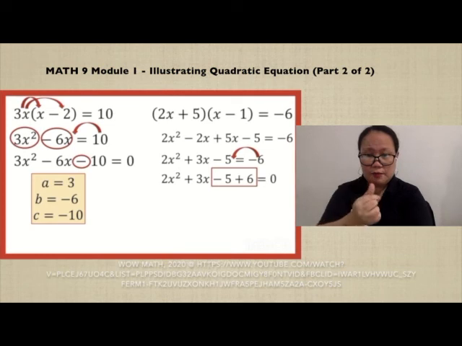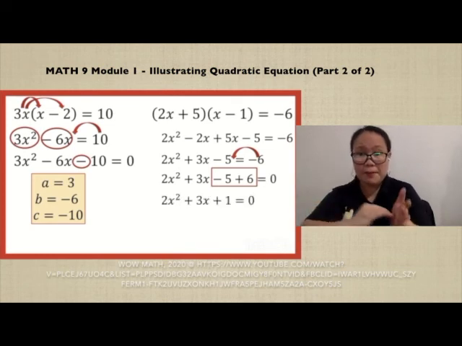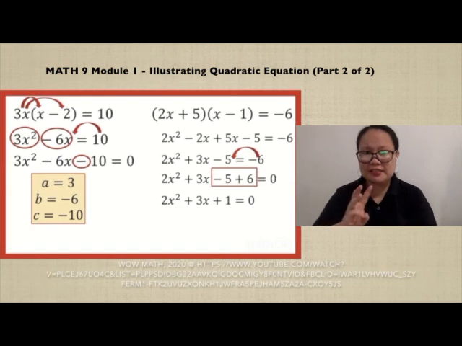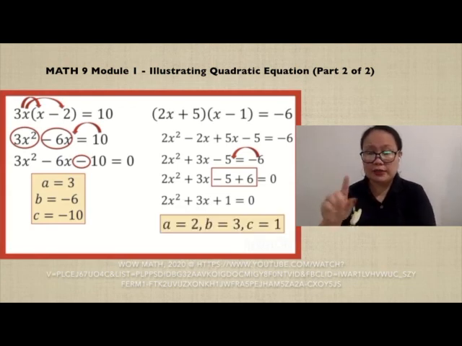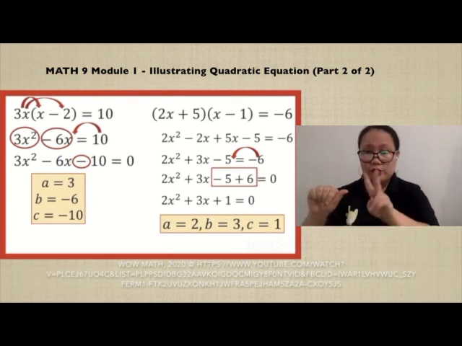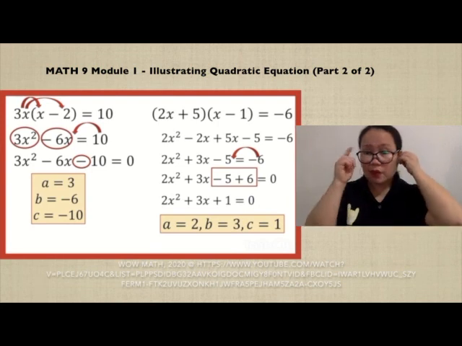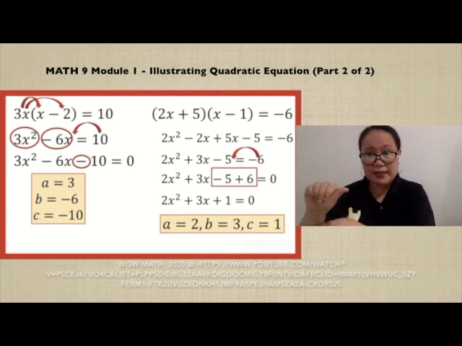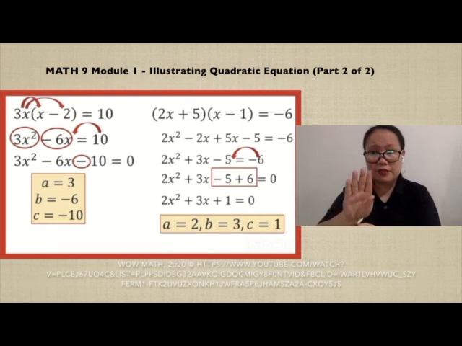So, magkakaroon tayo ngayon ng 2x squared plus 3x plus 1 equals 0. So, we will now have A is equal to 2, B is equal to 3, and C is equal to 1. Always remember that the standard form must be ax squared plus bx plus c equals 0.